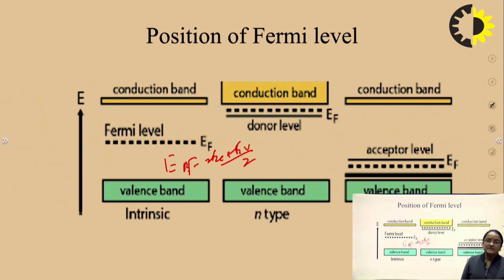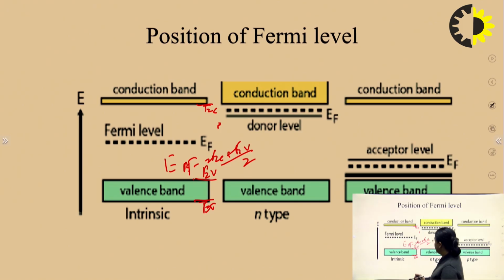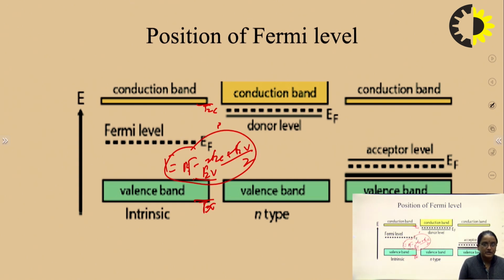EC and EV are basically representing the conduction band edge and the valence band edge. That is, the bottom of the conduction band is representing your EC, and the top of the valence band is representing your EV. And this EF is given by the average, (EC plus EV) by 2.